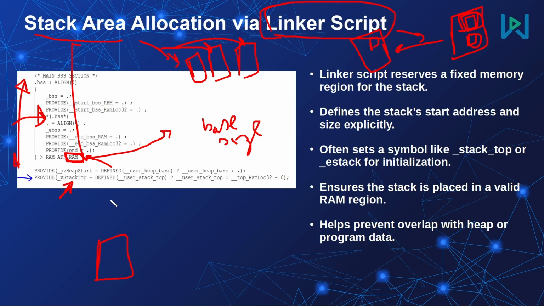Therefore, to properly assign the initial value of the stack area, we will need within the context of our linker script to specify the top of the stack area from where our CPU will start pushing and basically decrementing the stack pointer.